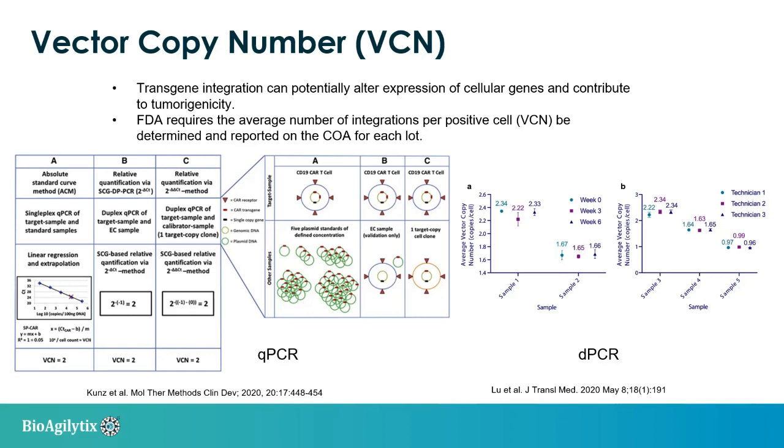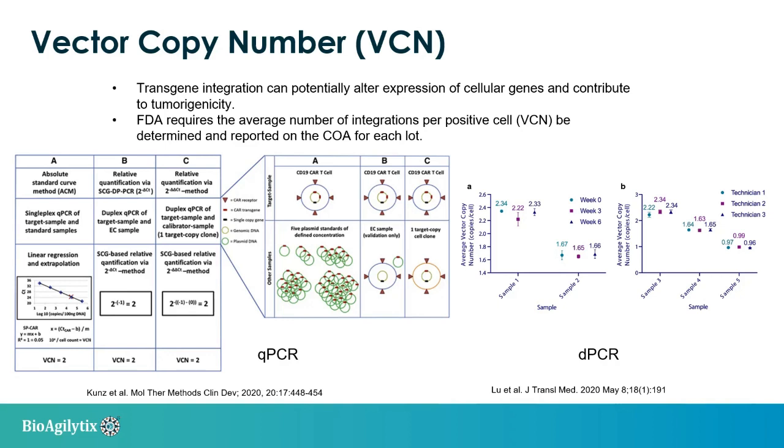The graph on the left compares the approach of the standard curve method and the delta-delta CT method. The delta-delta CT method uses a duplex PCR assay, including two sets of primer probe, one for the transgene and the other for a single copy reference gene, and no standard curve is needed.